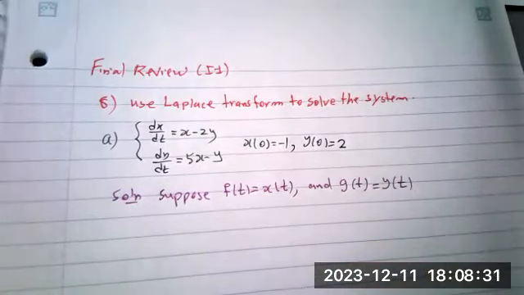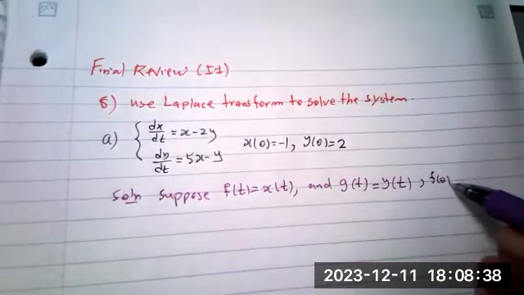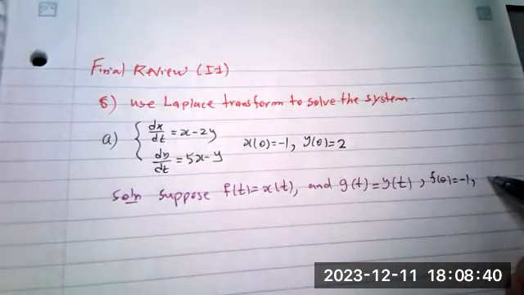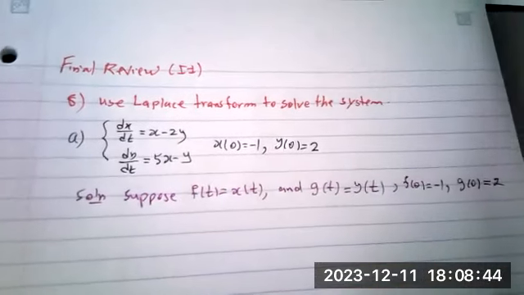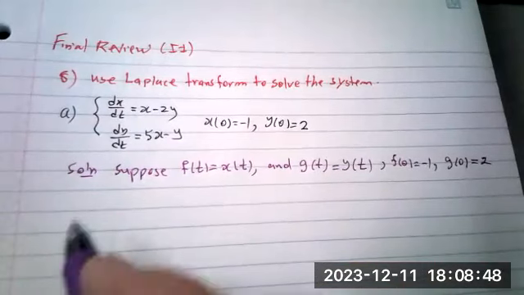The initial conditions now are f of 0 equals -1 and g of 0 equals 2. So change the system into this format.